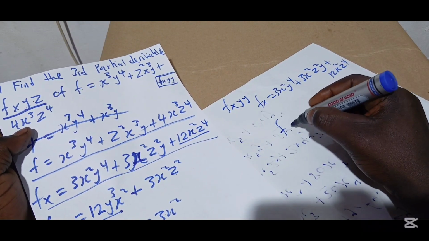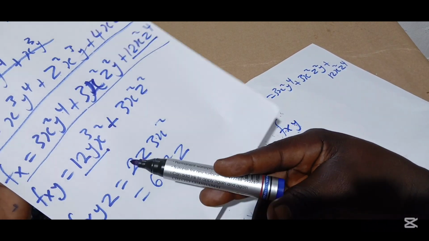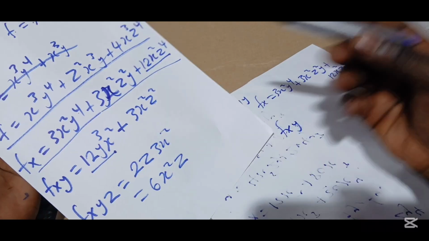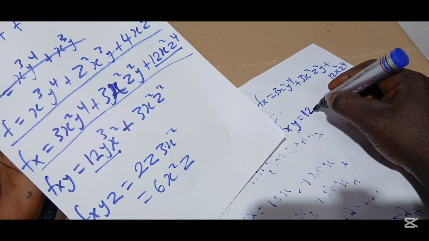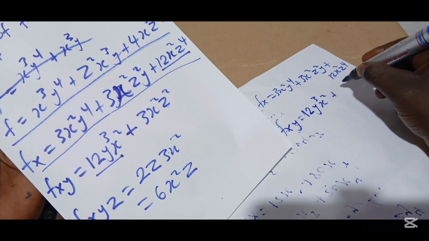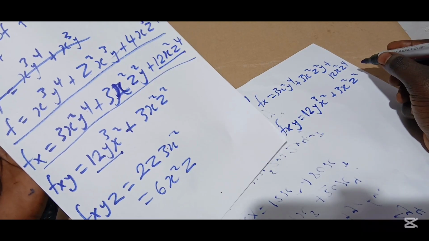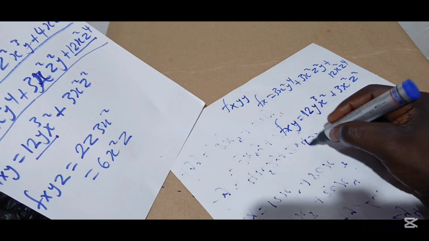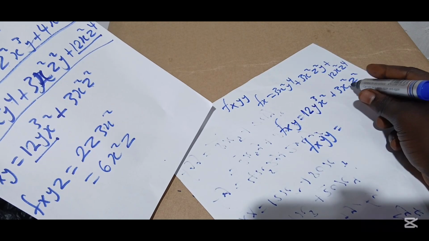We now differentiate with y. So fxy, which is what we got here. Just write that. So now with respect to y again, which is fxyy. So we are differentiating this with respect to y again.